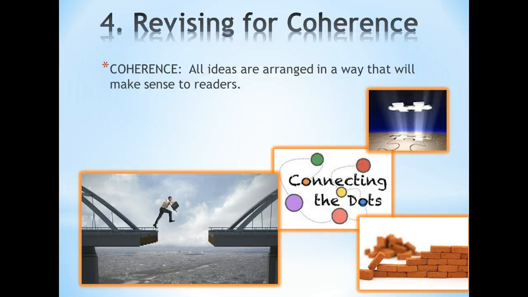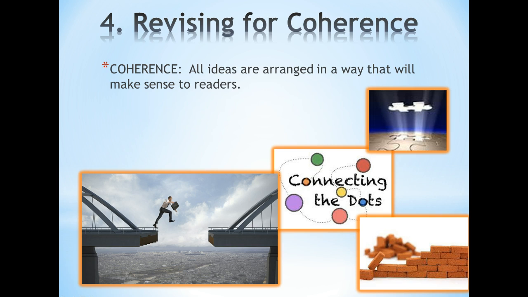So if unity is everything working together and only relating to one topic, coherence is all ideas are arranged in a way that makes sense to readers. Let's talk about some of the pictures here. One of the main problems that I see in freshman student writing is that when you're thinking it in your mind, all your ideas connect.